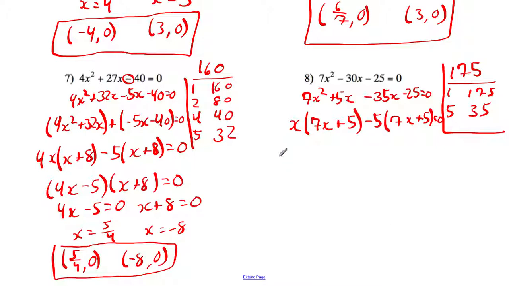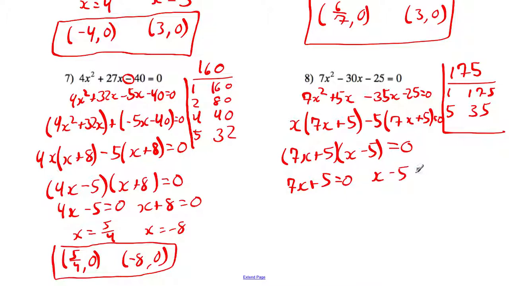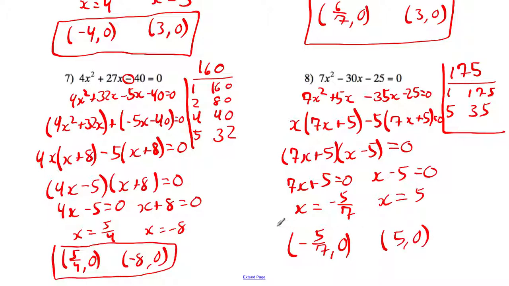So I get 7x plus 5 times x minus 5 is equal to 0. I get 7x plus 5 equals 0. x minus 5 is equal to 0. So x is equal to negative 5/7. x is equal to 5. And so I get negative 5/7, 0, and 5, 0 as my x-intercepts.